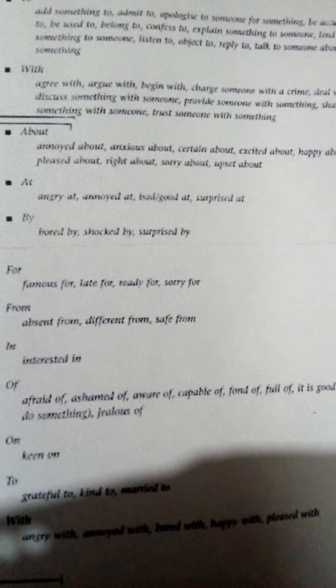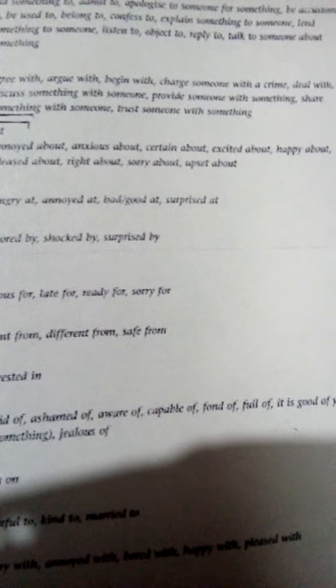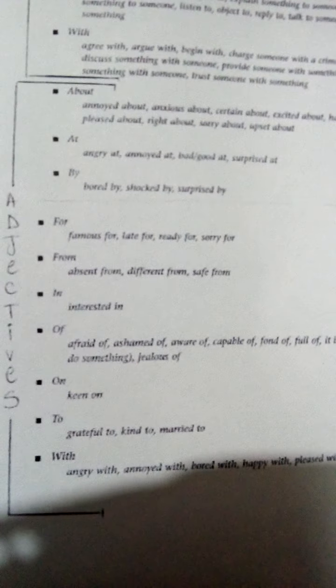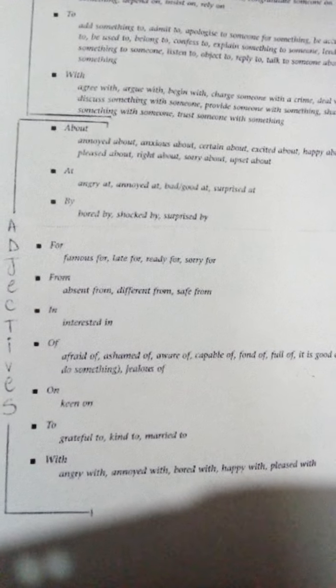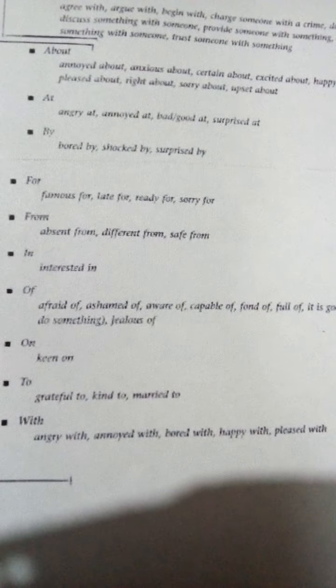For example, annoyed about, anxious about, certain about, or absent from a class, different from, she's different from everybody else, interested in, keen on. You know how to use some of them because you've already studied them. And these are a bit more: you have not only the ones you know, but others. Angry with.